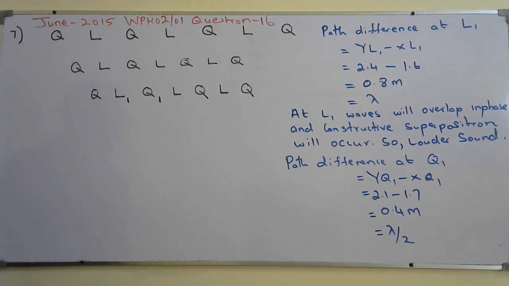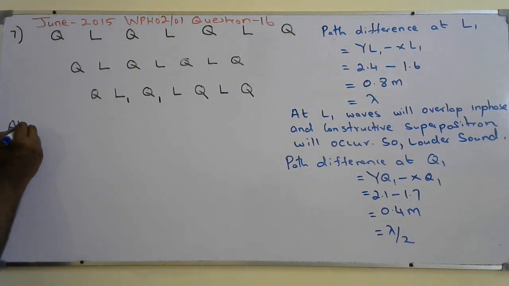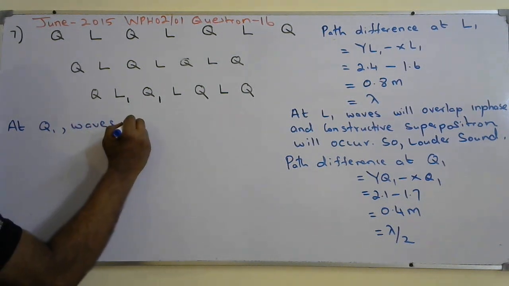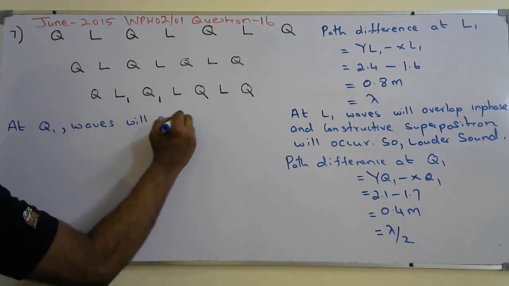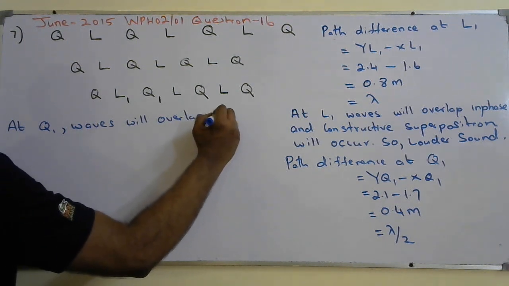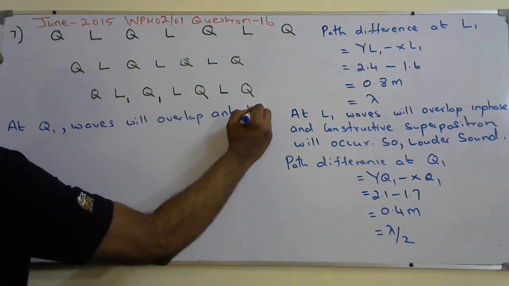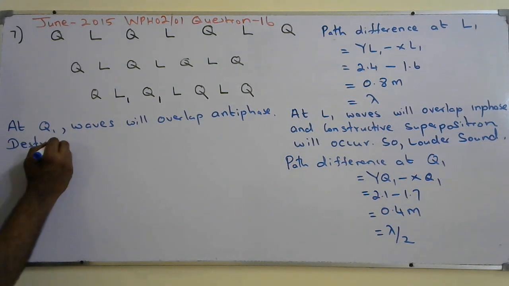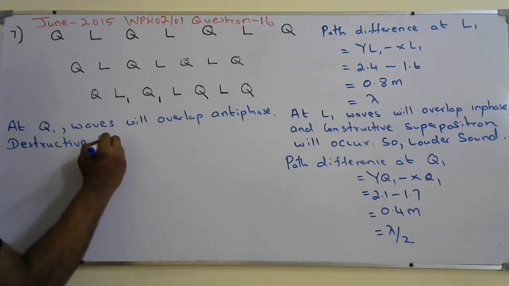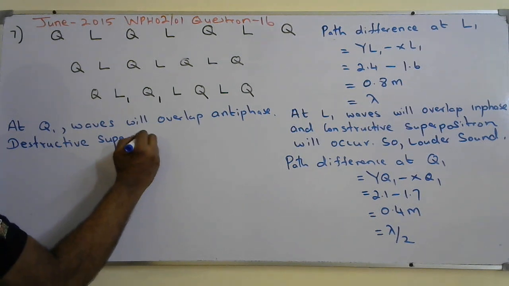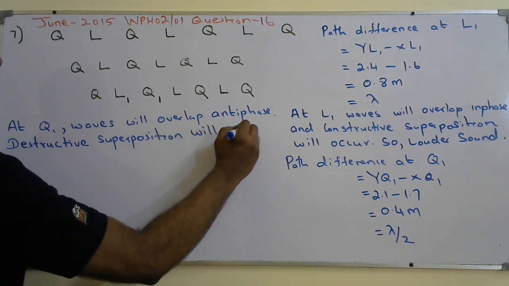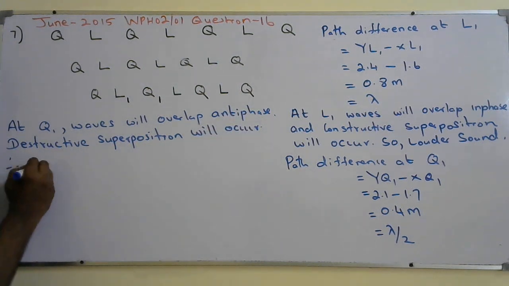So you should then say at Q1, the waves will overlap in antiphase, destructive superposition will occur, therefore a quiet region.